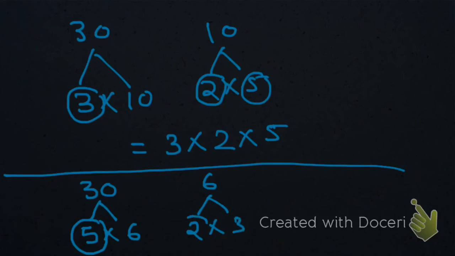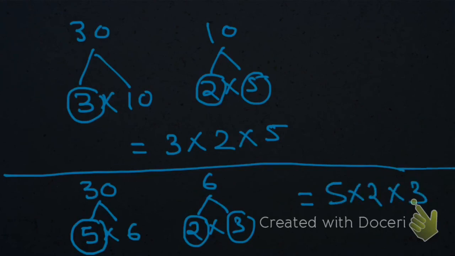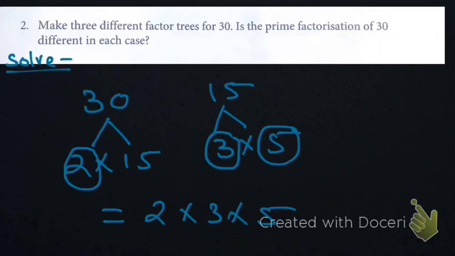So in this case our answer is 5 multiplied by 2 by 3. All are the same, whether you multiply 5 by 2 by 3, or 3 by 2 by 5, or 2 by 3 by 5. So we had to make 3 factor trees. Here you can see 3 factor trees.